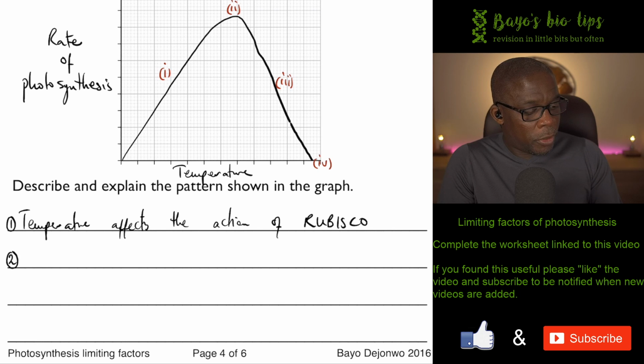So a very high temperature favors oxygenase activity, which results in a drop in rate.